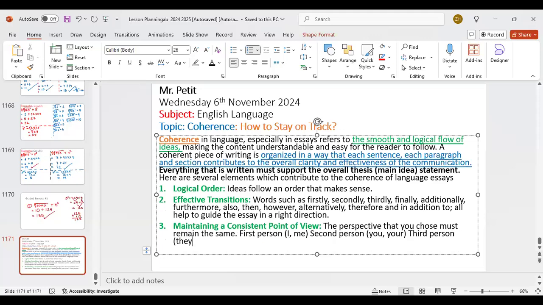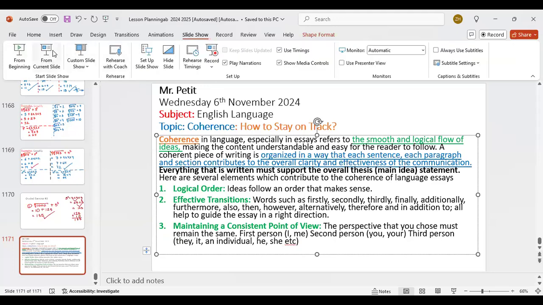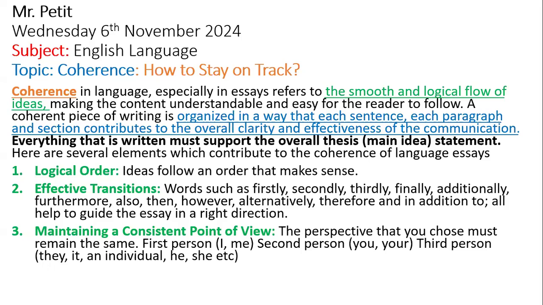You could use words like they, it, an individual, he, she, stuff like that, etc. That's the third person. The first person is all about me. I went to the shop. I accidentally tripped, right? Me and my. I is you. You are I, right? So the first person would be if you are talking about your experience, that's the first person, right?